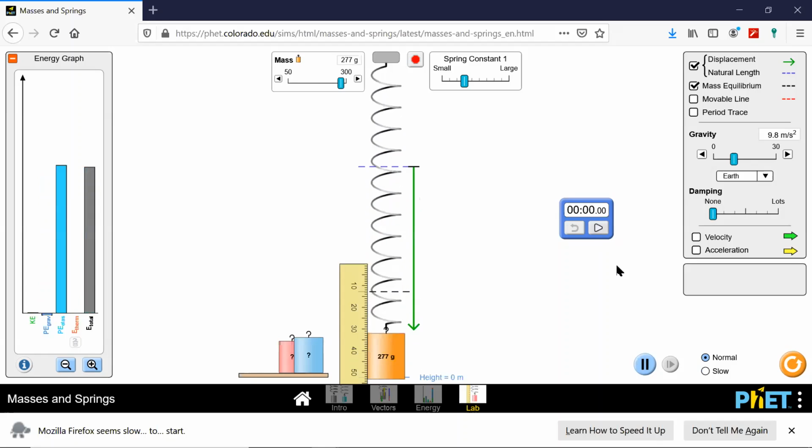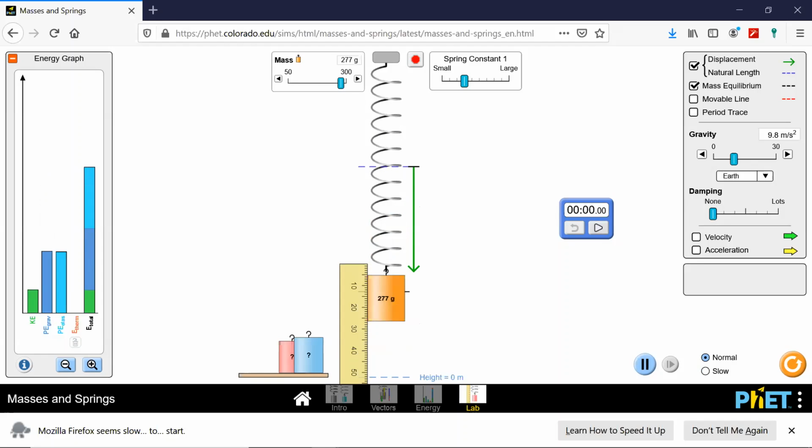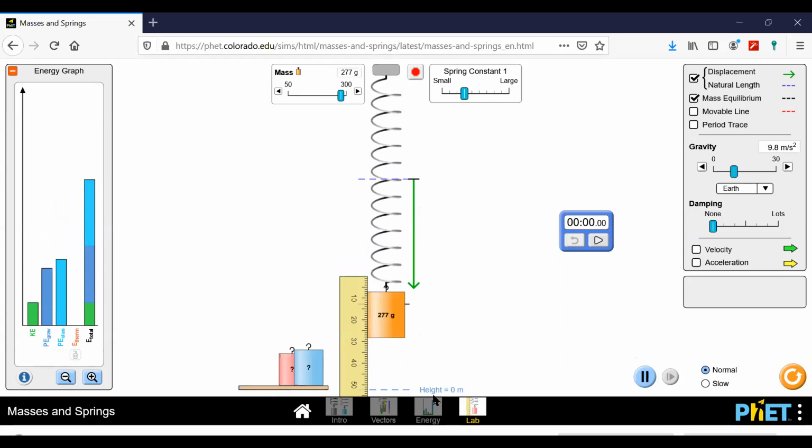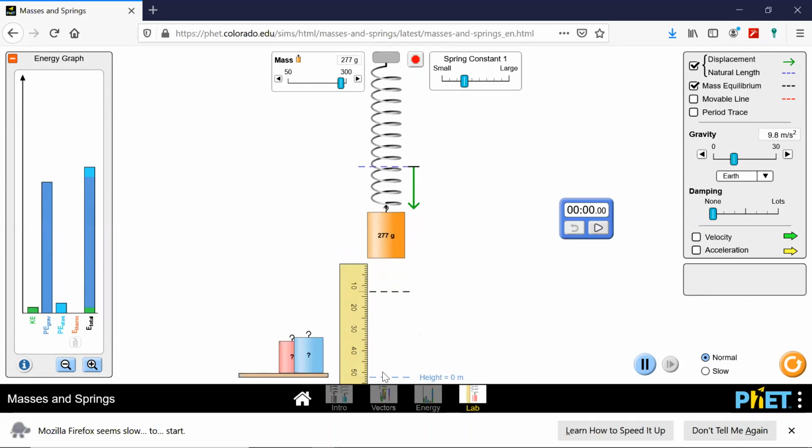Now, determine the energy of the spring at the top of the oscillations. How would you do that? The energy of the spring at the top of the oscillations.